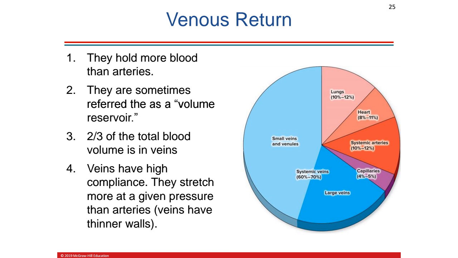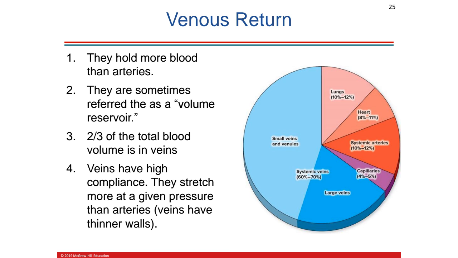Related to this is the fact that veins have a very high compliance. The term compliance means that if you apply a certain amount of force, the veins will stretch, and they're more compliant than arteries are. Arteries obviously are compliant. So for example, we talked about the aorta and the major arteries. They are compliant, they stretch, and they're very elastic, so they have an elastic recoil.